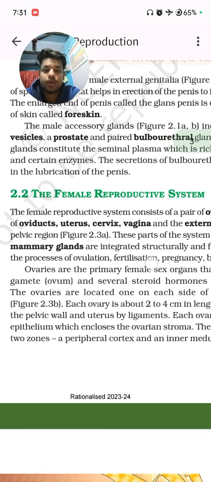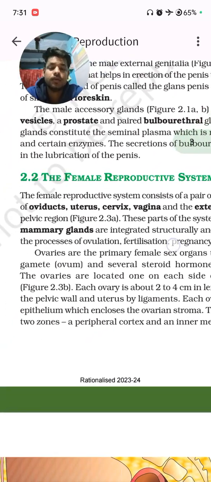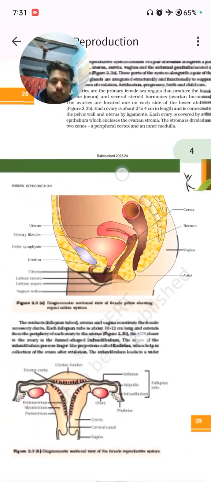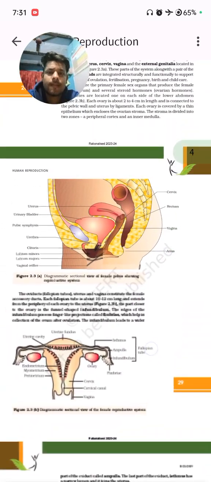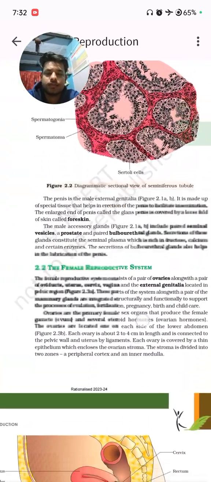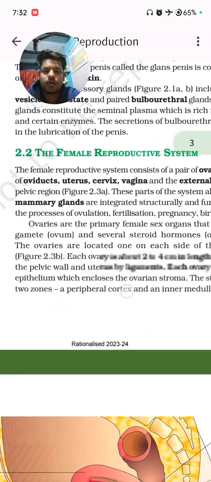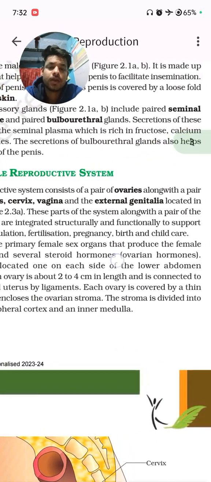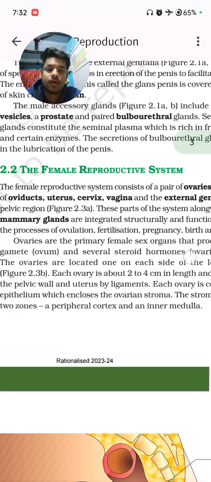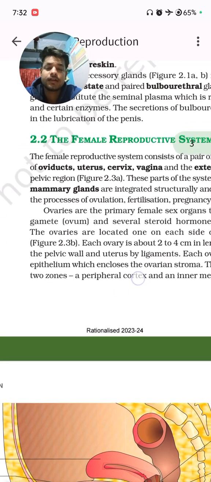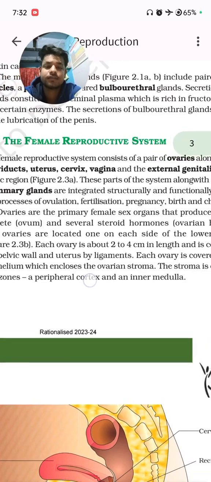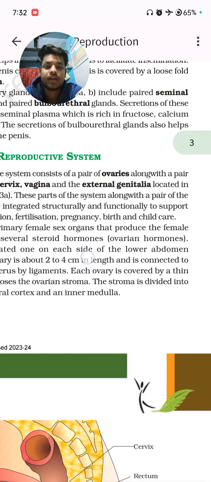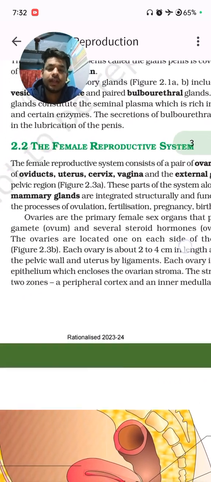Section 2.2, the female reproductive system. Here we see the female reproductive system. Now we are going on with further reading. The female reproductive system consists of a pair of ovaries along with a pair of oviducts, uterus, cervix, vagina, and the external genitalia located in the pelvic region.